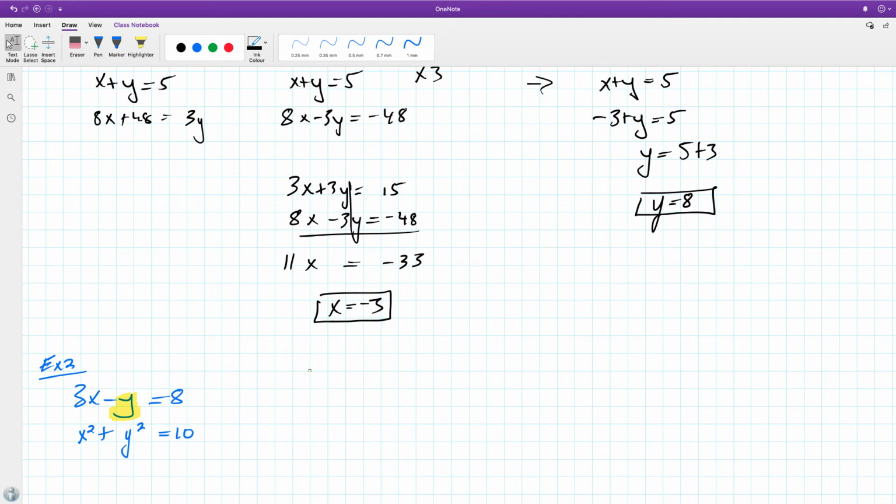Minus b plus or minus the square root of b squared minus 4ac, all over 2a.